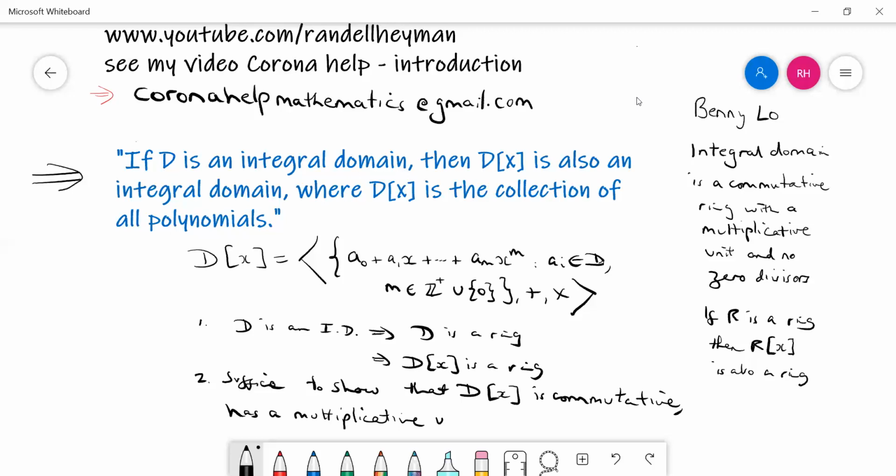So we'll be using the polynomial 1 to do that. And D[x] has no zero divisors. So once we've done that, it's just a question of showing that it's commutative, has the multiplicative unit, and no zero divisors. So there'll be three sections to that, and then we'll be done.